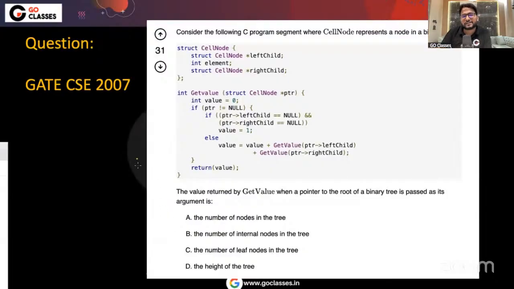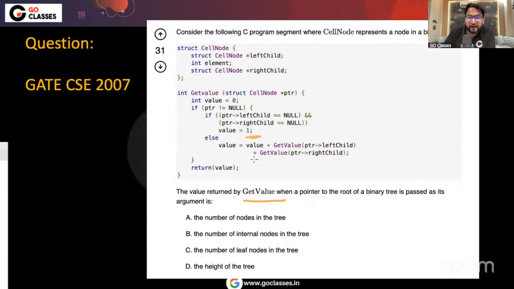Let's see this. This has been asked in GATE 2007. So what they are saying: consider the C program, binary tree. The value returned by getValue when a pointer to the root of a binary tree is passed as an argument is. So they are asking what this getValue is doing. Let's check it. If left child is null and right child is null, you return 1.